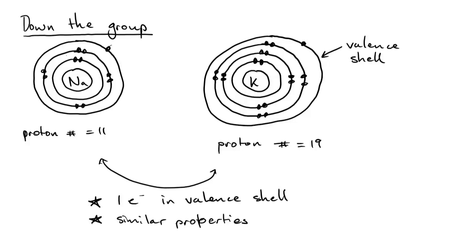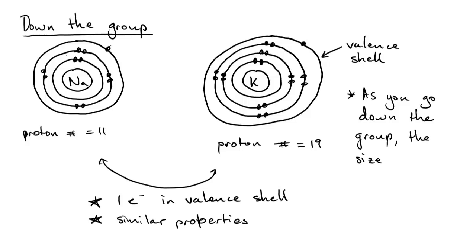So as you go down the group, the size or the radius or diameter, whatever the measure is, gets larger. Okay, so progressing down the group means that the size gets larger.